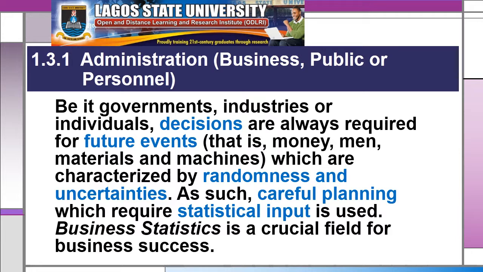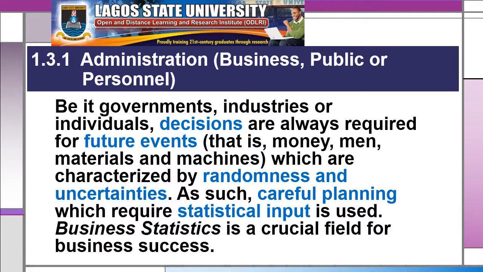These events in turn are characterized by randomness and uncertainties. Now when we say randomness, from a business point of view, we are looking at decisions on money, men, material, and machines.